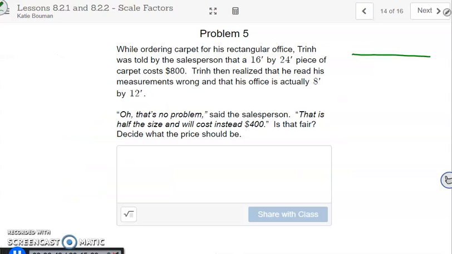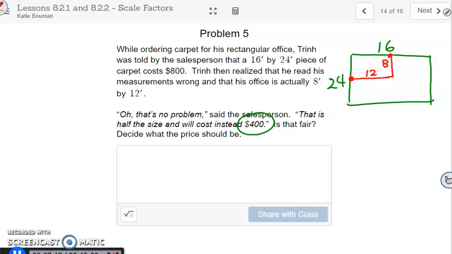In this problem, it's asking you, do you agree with the salesperson's comment about the fact the cost would be $400? So in a room that's 16 by 24, if that's the original room for $800 and there's a mistake and the room really is 8 by 12, that means the room itself is going to be that much of the original.